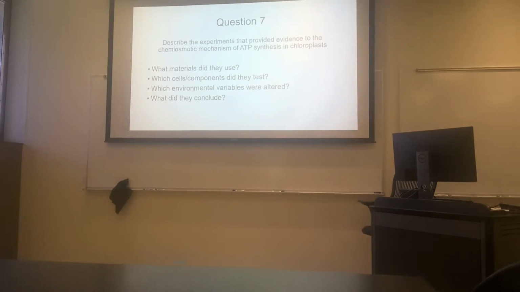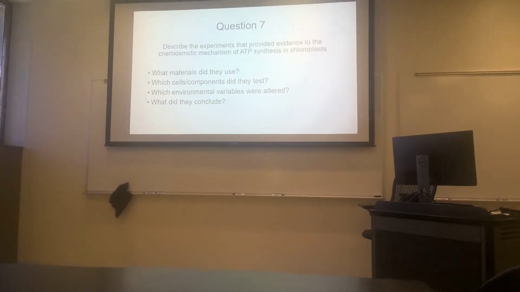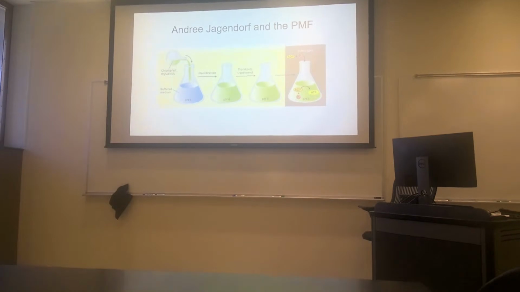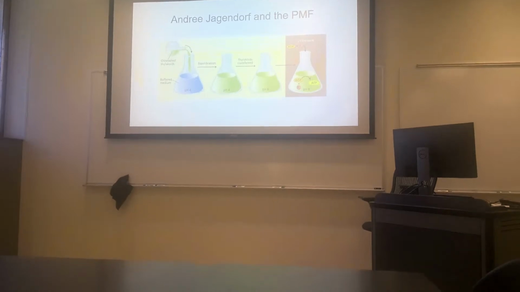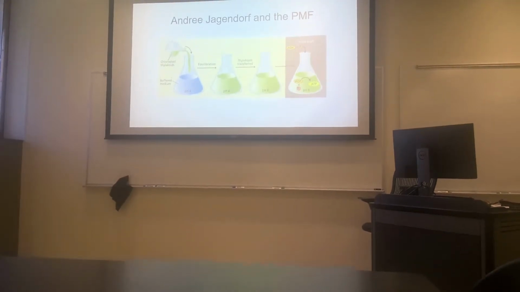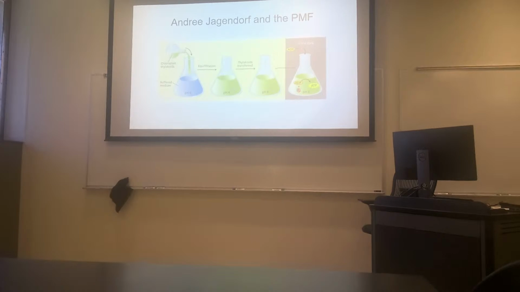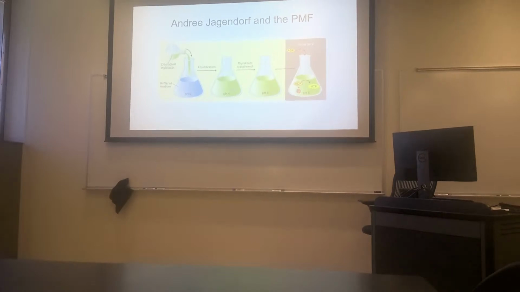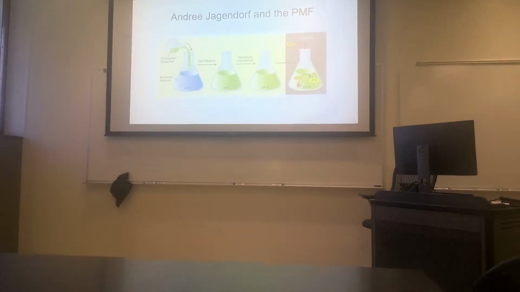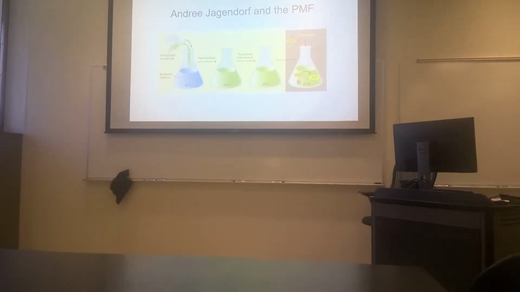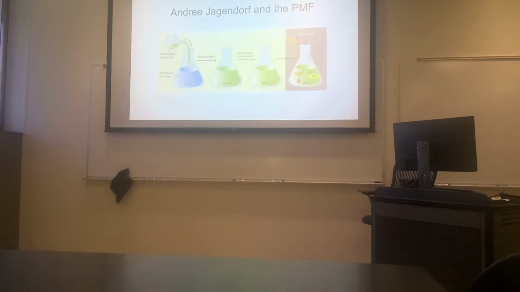So this is an experiment where they had the thylakoids isolated, so the sacs of thylakoids. They put them at pH 4 and allow the extrathylakoid pH and the interior of the thylakoids to balance at pH 4. Then they move the thylakoids to pH 8.